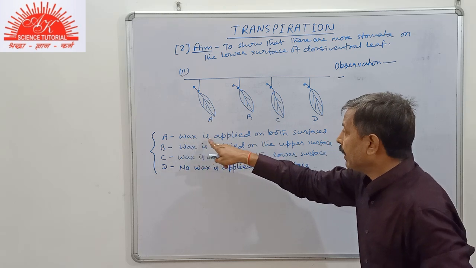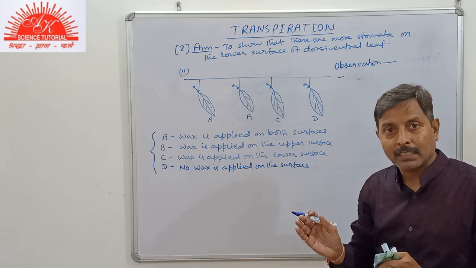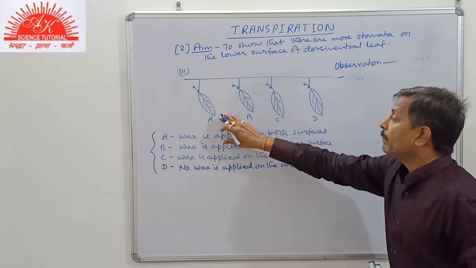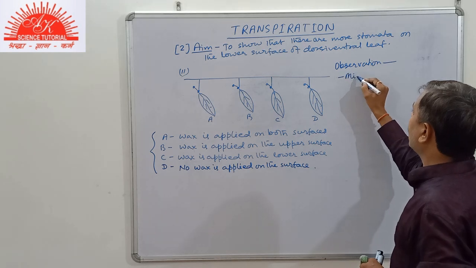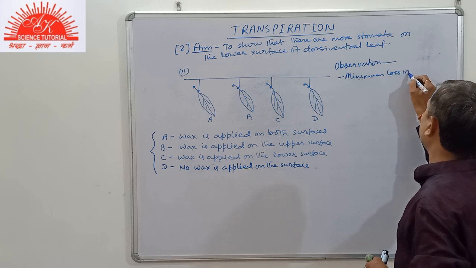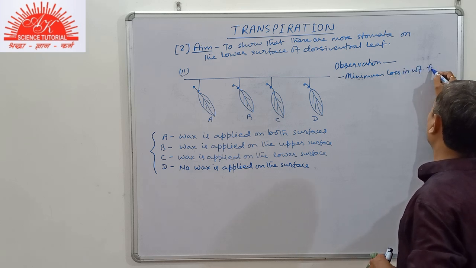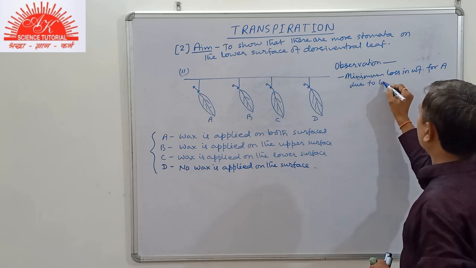So in case A, there is minimum loss in weight because the wax is applied on both surfaces, so there will be no transpiration. So minimum loss in weight for A due to lack of transpiration.